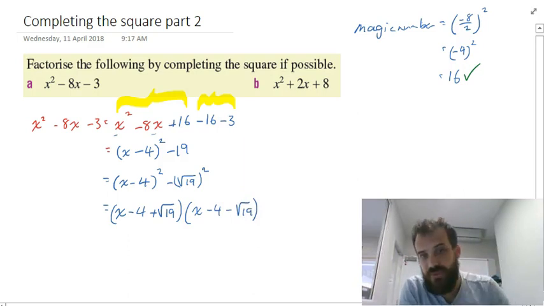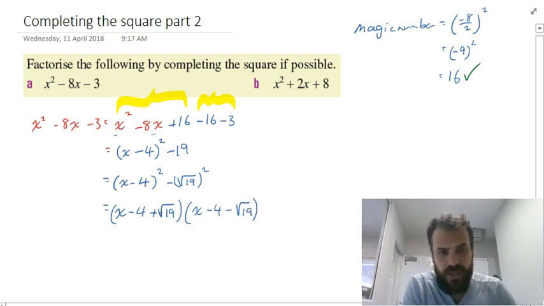That's the difference of two squares. Okay, that's factorized. X minus 4 plus root 19, x minus 4 minus root 19. Done.